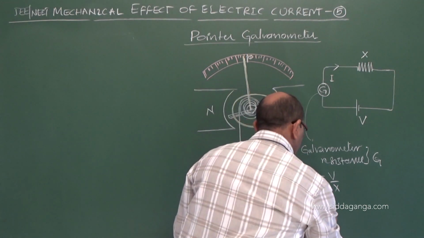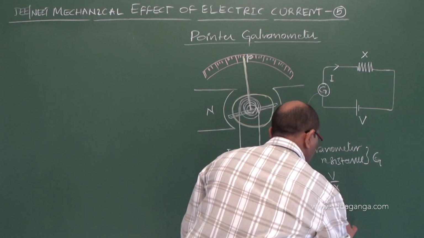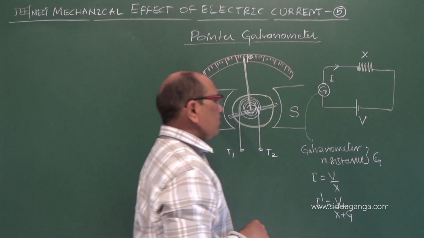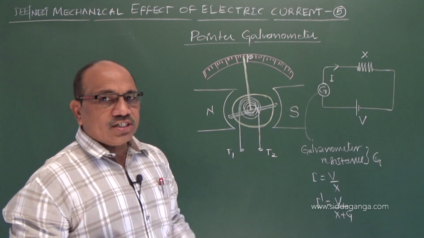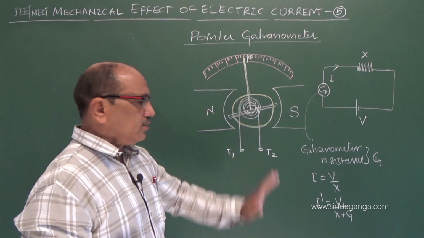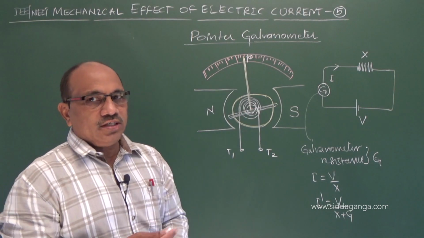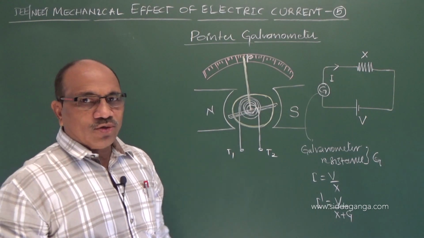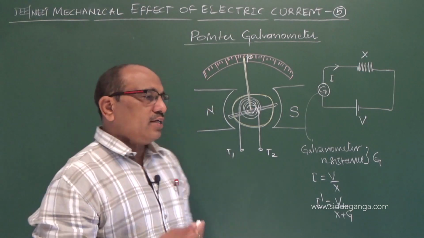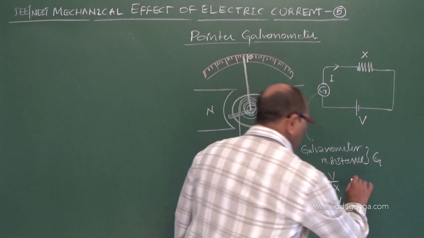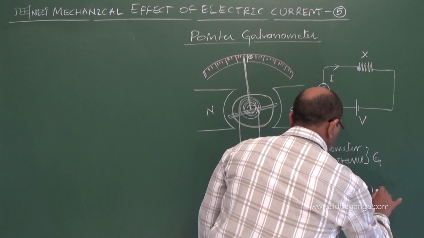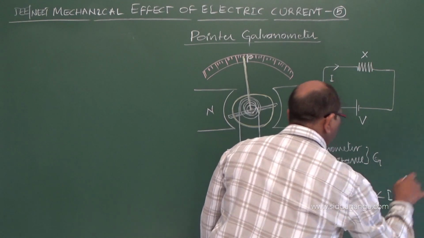What happens? I dash is V by X plus G. It is a fine conductor, the best conductor may be used, but there is a finite resistance, because sensitivity increases with the number of turns. The more the number of turns, the more the wire, the more the resistance. However, this suggests I dash is less than I.